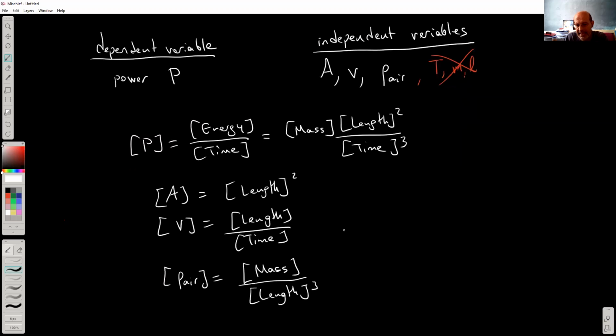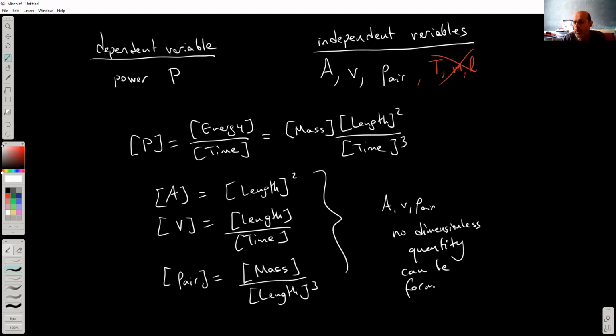You can easily see that by combining these three quantities, the area, the speed, and the density, I cannot form any dimensionless quantity. No dimensionless quantity can be formed, which is great because that means that I cannot have these unknown functions like exponentials or logarithms inside the formula, right?